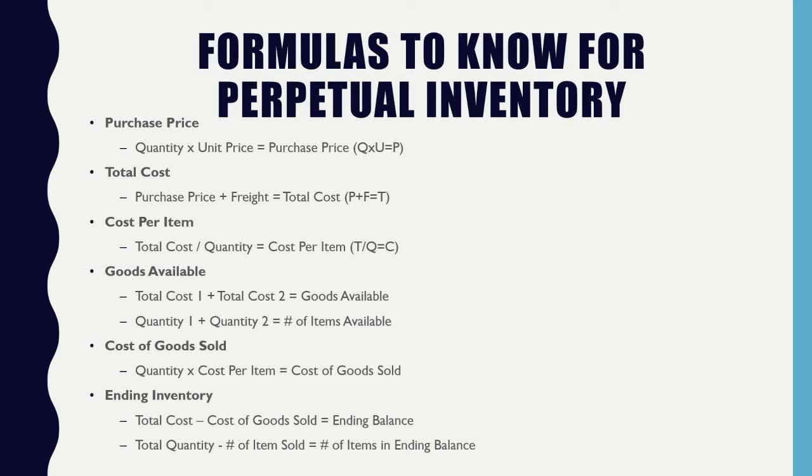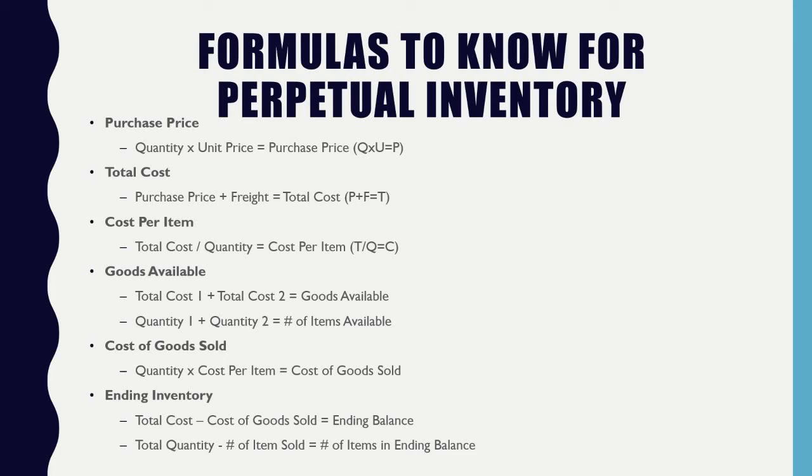We're also going to be looking at the total cost, which is our purchase price plus our freight. And of course, we're also going to be looking at a cost per item, because in this case, when we're dealing with FIFO, we need to separate each batch, because we're going to cost it the way that when we buy our first batches, we have to get rid of them first.